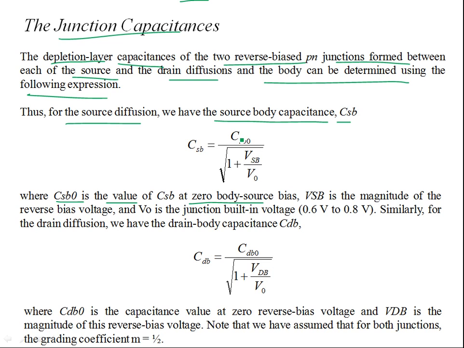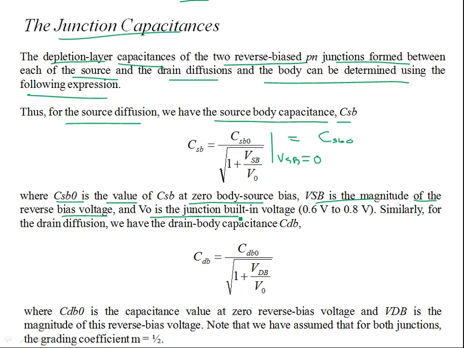It should be the case because if you substitute VSB equal to 0, that is, source and bulk tied together to the most negative potential or the common ground, then the potential difference is 0 and CSB is nothing but CSB0. So CSB0 is the value of CSB at zero body-source bias, and VSB is the magnitude of the reverse bias voltage.